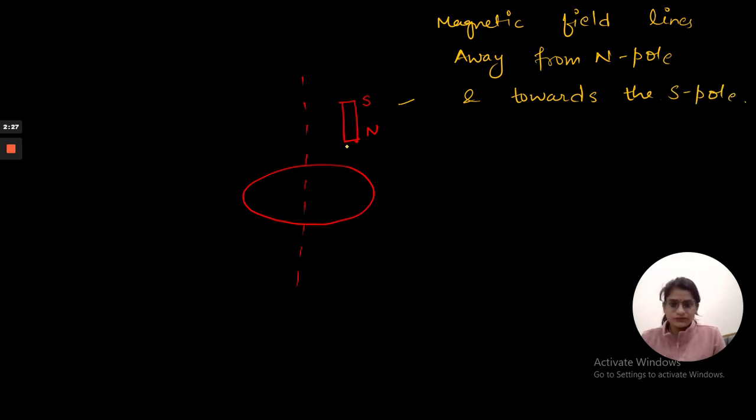Now from this diagram, magnetic field lines will emerge out from this north pole. And let us consider a small area element, A.